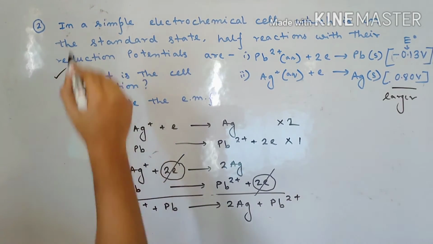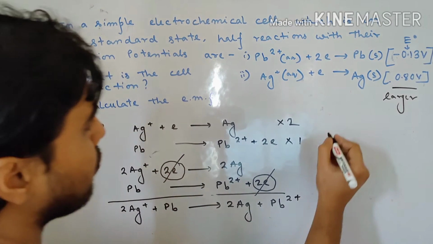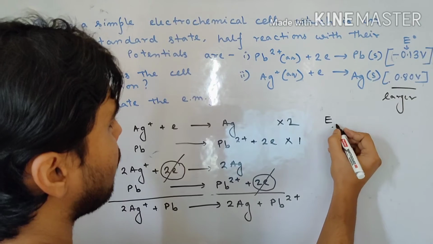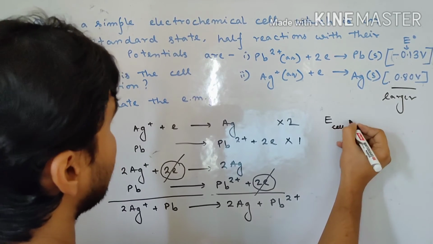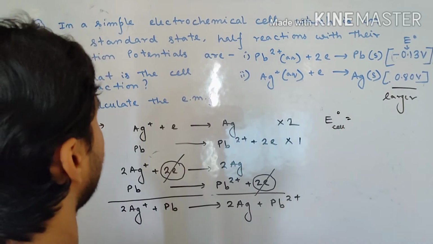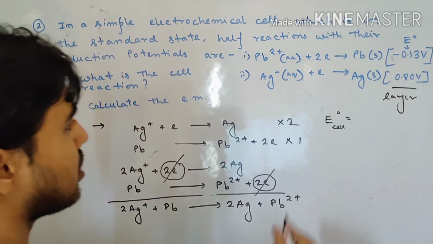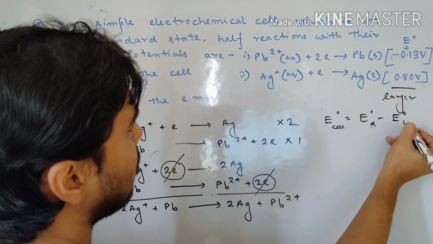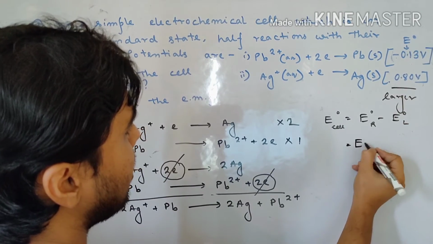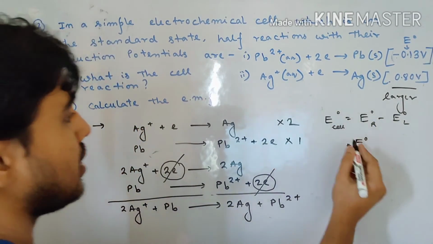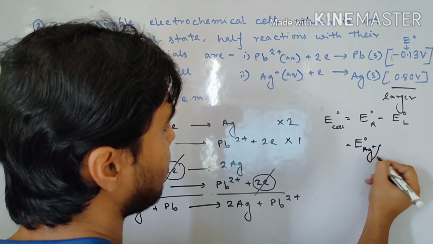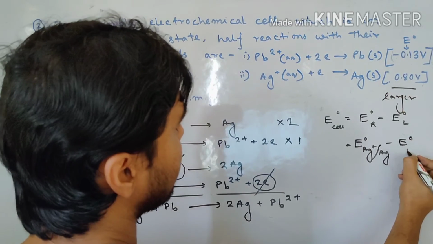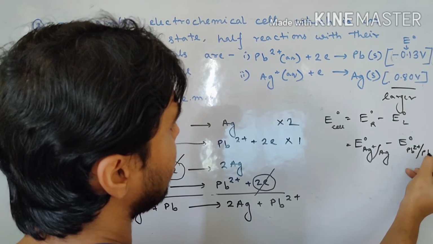So we are getting the first answer. Second is EMF. Calculation of EMF means E of cell, and it is in standard state, so no need to check the Nernst equation. So it should be E0 of R minus E0 of L. E0 of R means cathode, that is Ag plus by Ag, minus E0 of L means this part, which is lead 2 plus by lead.